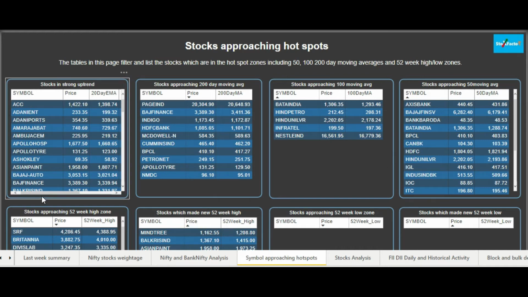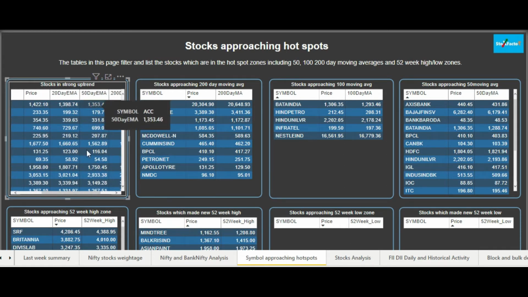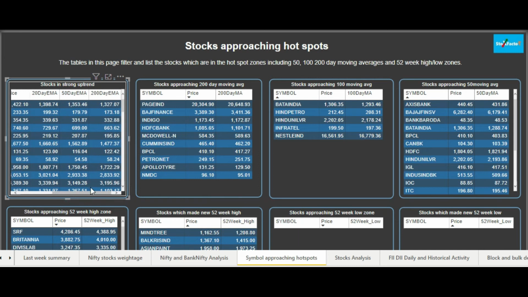Now you can see that all the symbols listed here are in a strong uptrend. How can we say that? Because they are above their 20-day EMA, that is the short term moving average, then the 50-day moving average, that is the medium term moving average, and the 200-day moving average, that is the long term moving average.